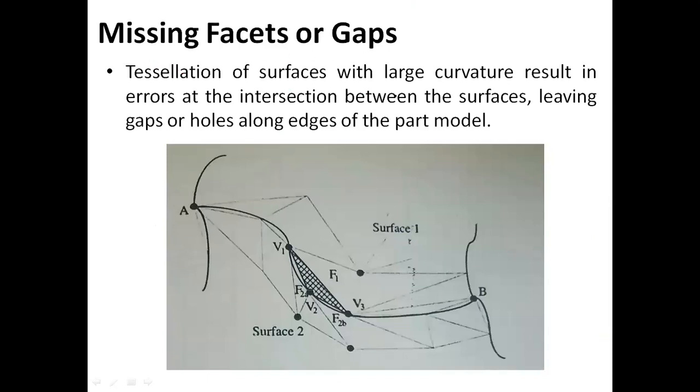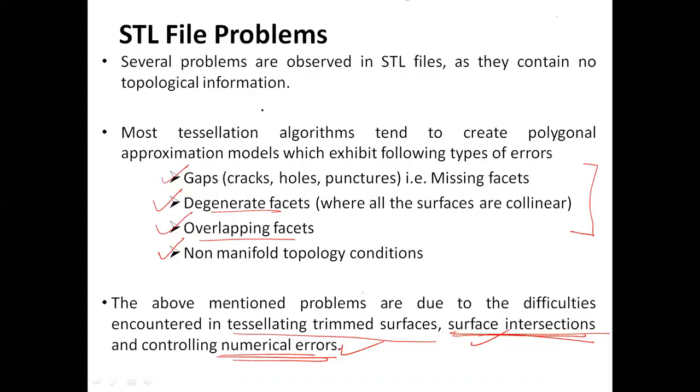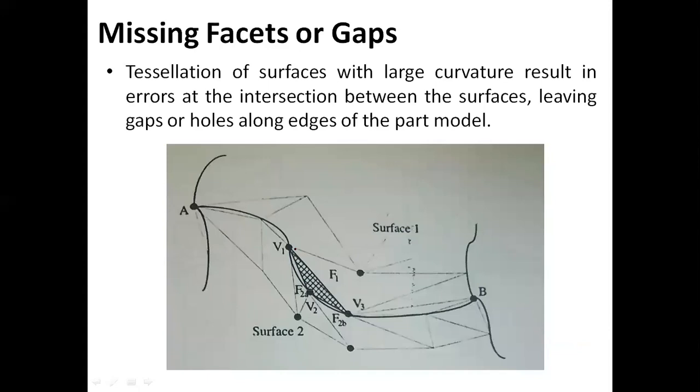When you tessellate a large curvature, due to all the reasons I mentioned earlier, numerical round-off errors and tessellation of trimmed or overlapping surfaces, some of the vertices shift their position, and due to the overlapping or intersecting problem, some of the surfaces get deleted from both faces.